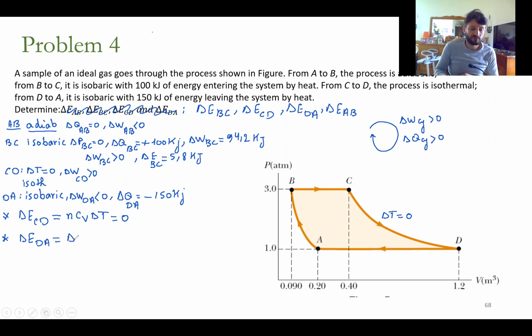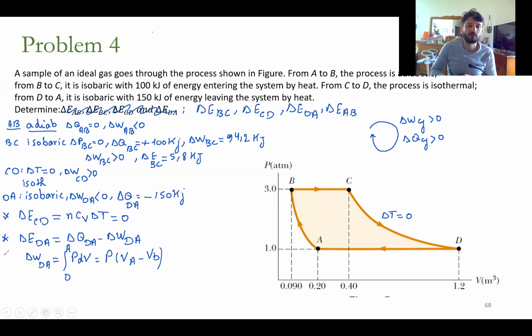Then delta E DA equals delta Q DA minus dW DA. We have the value of delta Q, and you can find the value of dW. For DA, we have P constant, so dW DA equals the integral of P dV from D to A, equals P times V final minus V initial.